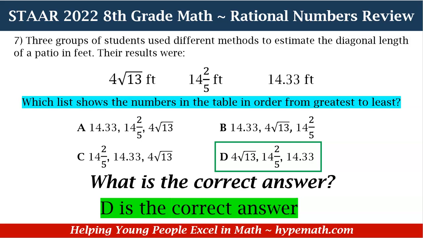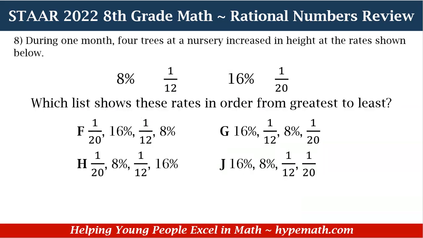Let's go to question number 8. During 1 month, 4 trees at a nursery increased in height at the rates shown below: 8%, 1/12, 16%, and 1/20. Which list shows these rates in order from greatest to least? Is it F, 1/20, 16%, 1/12, and 8%?